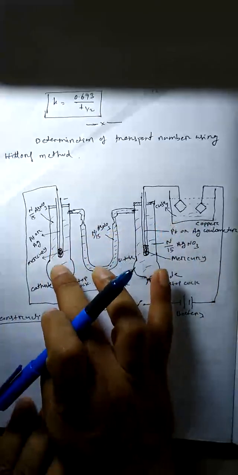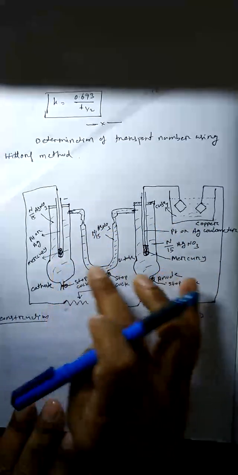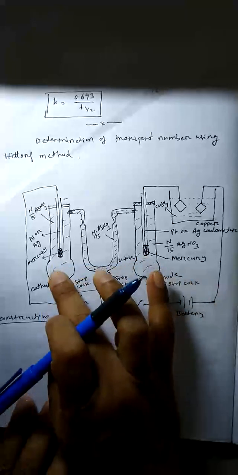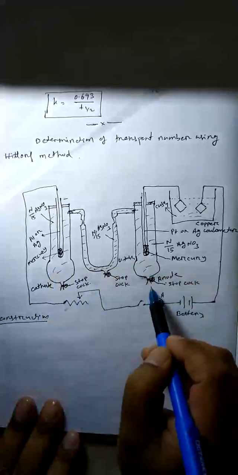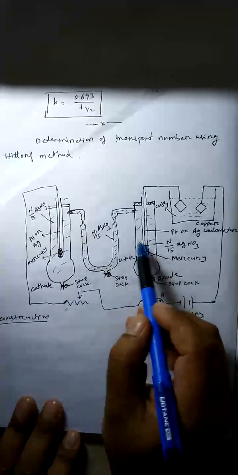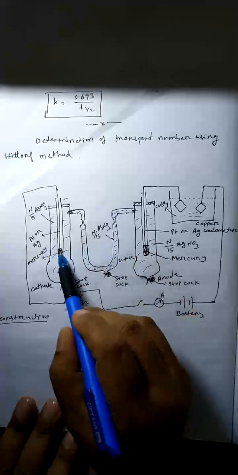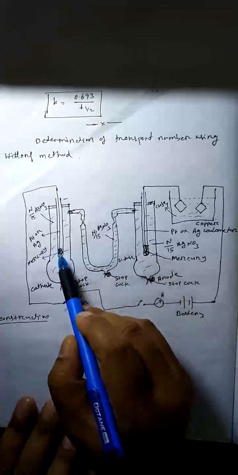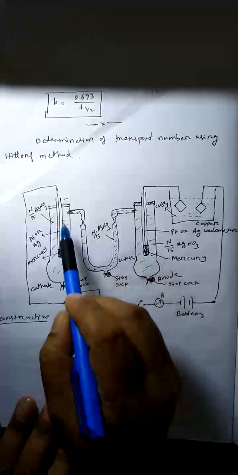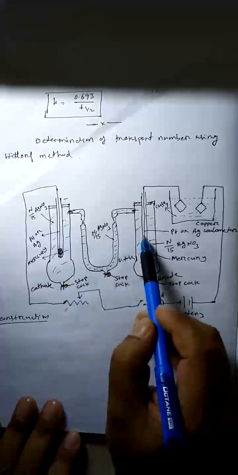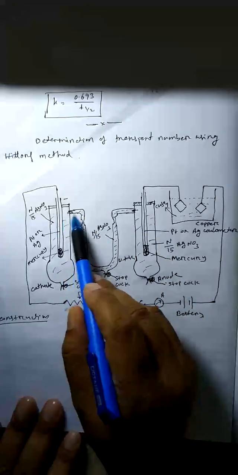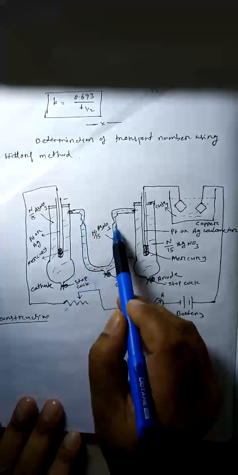The left portion is the cathode made of glass, the right portion is the anode made of glass, and both are connected with a stopcock at the bottom. Both contain a narrow glass tube with mercury at the bottom, and both narrow glass tubes contain a silver or platinum electrode. Then the cathode and anode are connected with each other through the U tube.